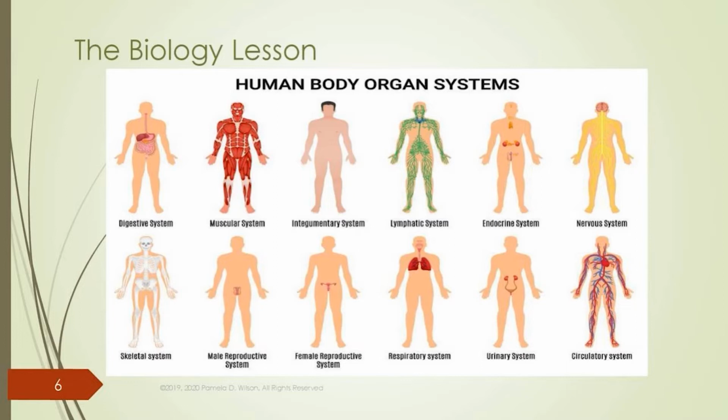Then the muscle system, the little body to the left of that, is all of our muscles. Then we have the skeletal system, the bottom row far left. That is our bones.